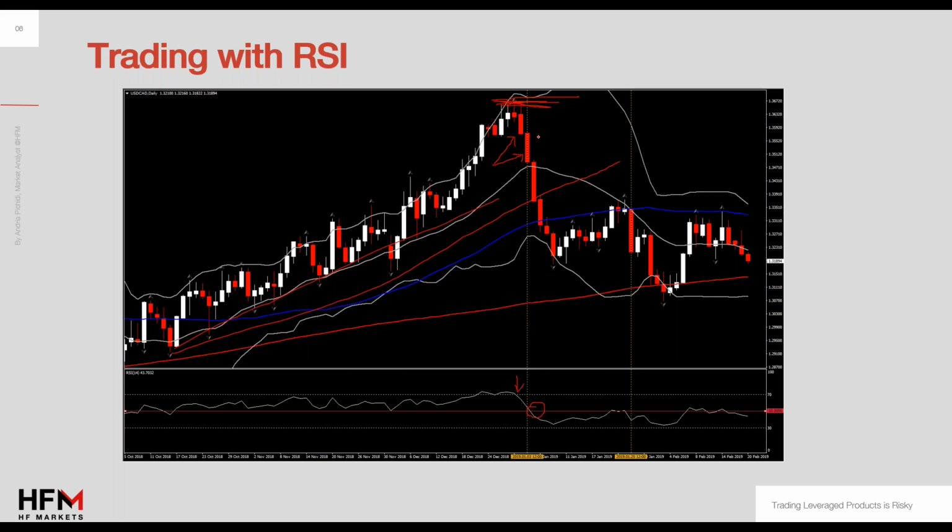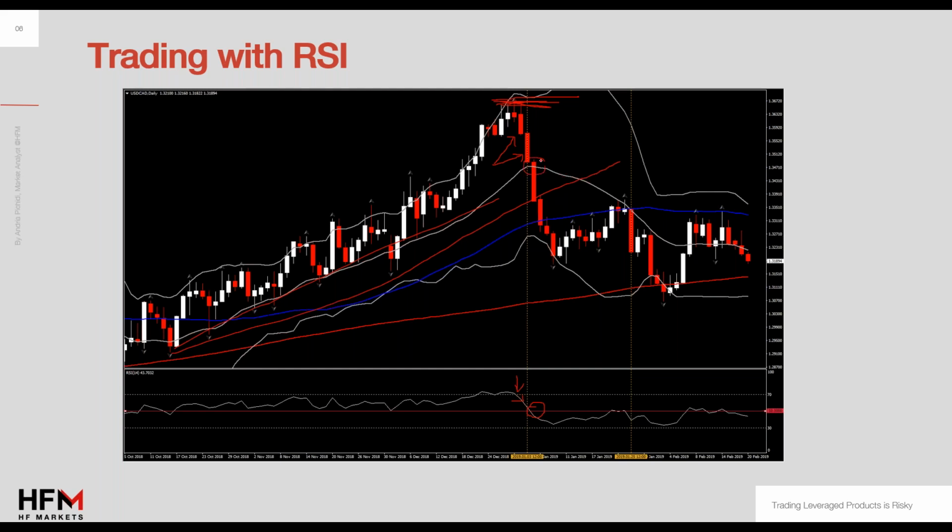Another entry could have been earlier, once we saw the RSI pointing lower, but it might have been a bit too early. The fact that it was also below 50 gives more confidence to your decision.